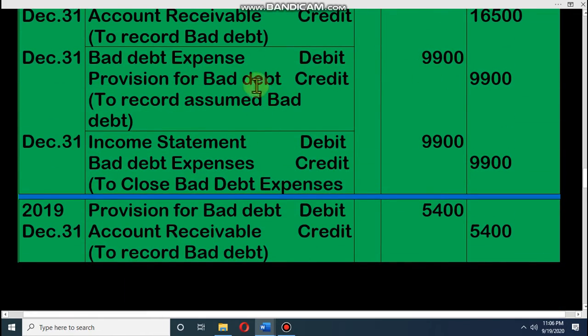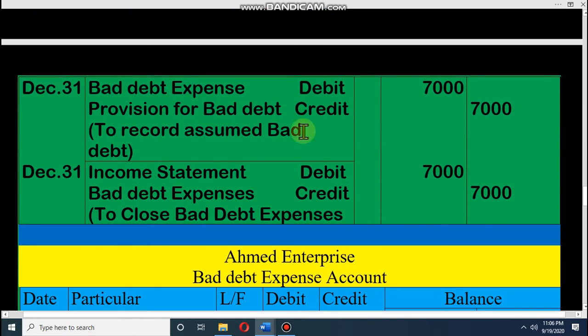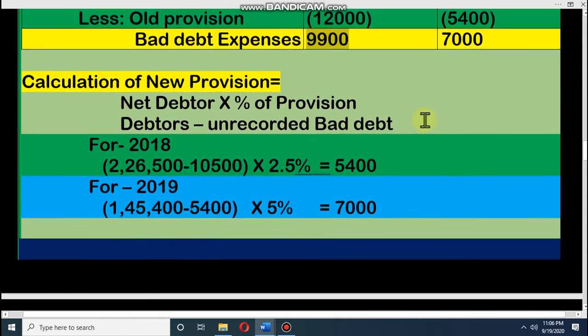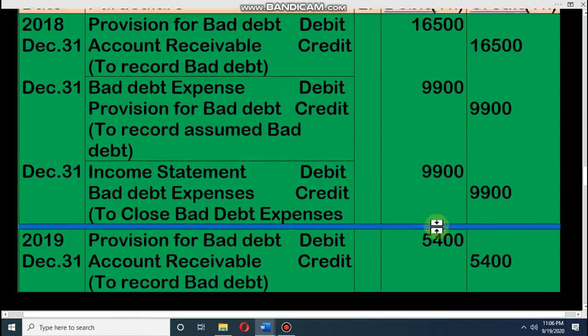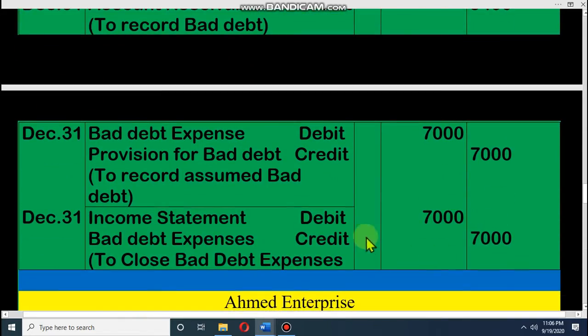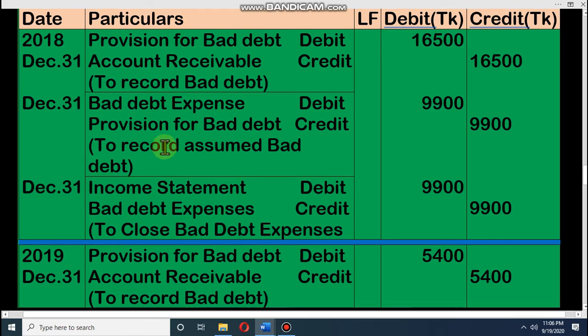For next year, bad debt expenses, provision for bad debt, and income statement, bad debt expenses: the same journal we have to repeat, and only the amount changes. Last year 9,900, this year it is 7,000. I hope you understand the journal. If it is for 3 years, same journal; for 1 year, 2 years, same journal.